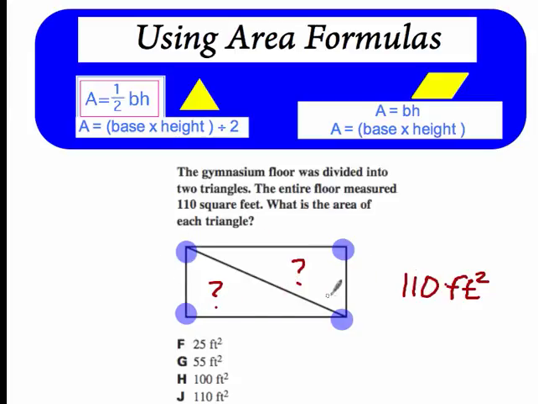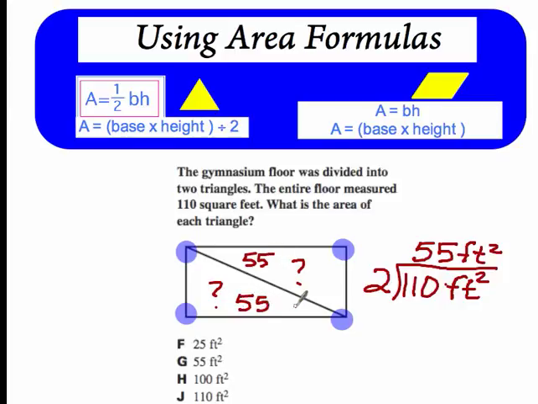Well, we know that this rectangle was divided into 2. So 110 needs to be divided into 2. So 2 goes into 110 55 times. So 55 feet squared. So this is 55 and this is 55, and together that would equal 110. So the area of each triangle is 55.